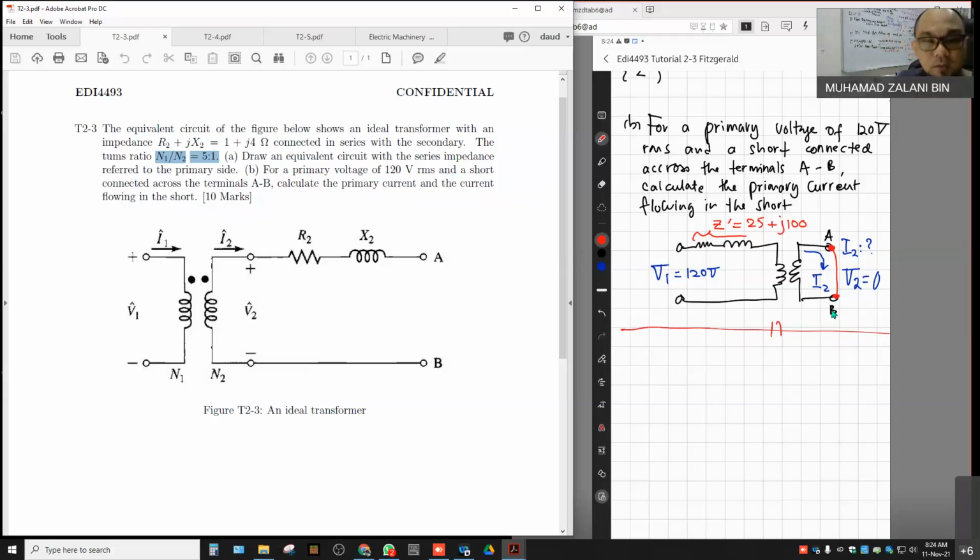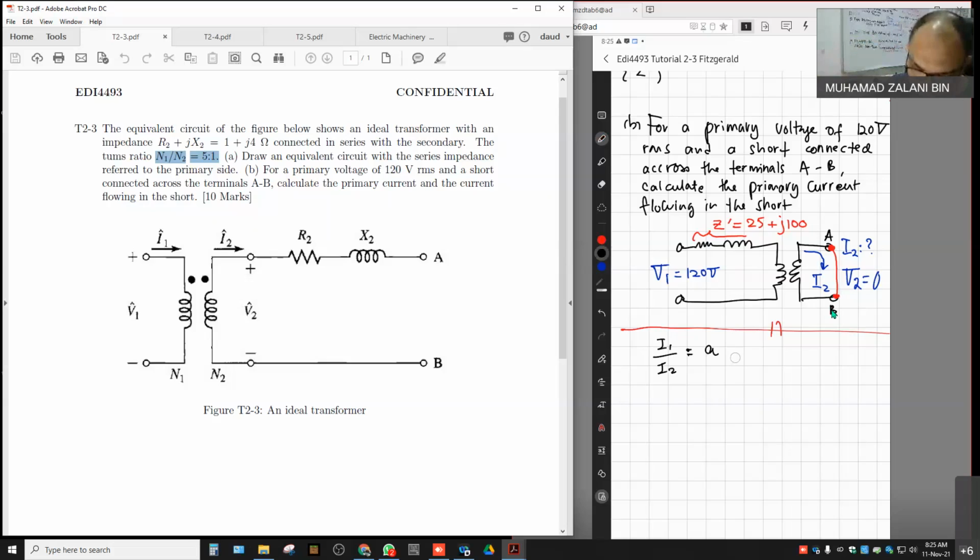What we are going to do is to find the short circuit current at the secondary side. So we just use the formula. As usual, we start with the ratio of primary and secondary current. I1 divided by I2 equals A. So we turn it the other way around.